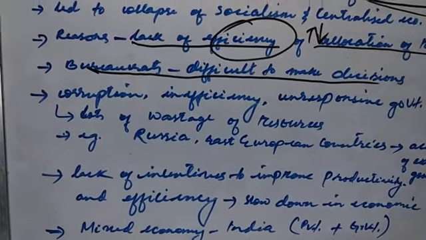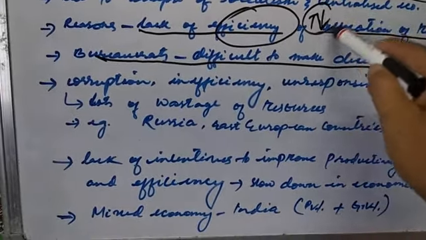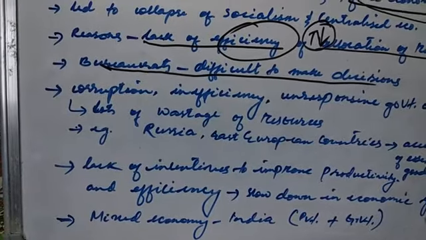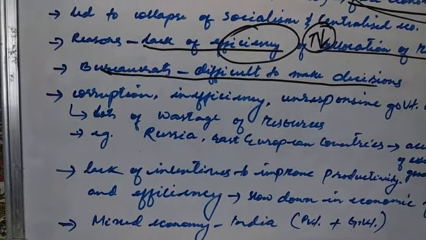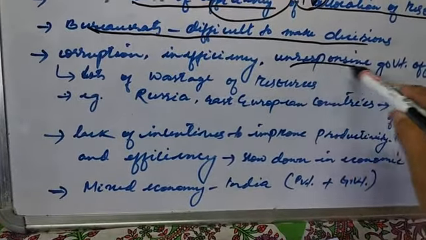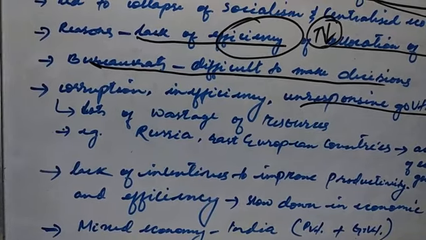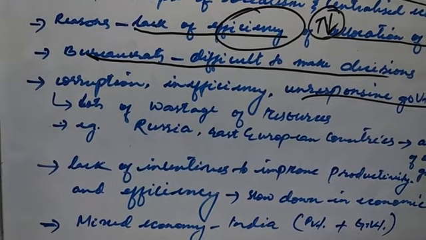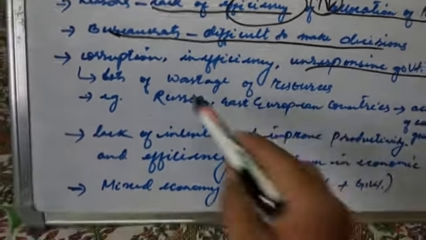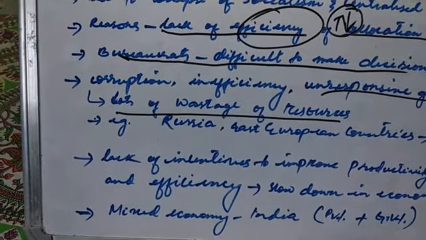Another problem is that this could not be corrected because of corruption, inefficient government officials, and unresponsive government officials. This problem cannot be corrected in the right manner, so this causes a lot of wastage of resources.